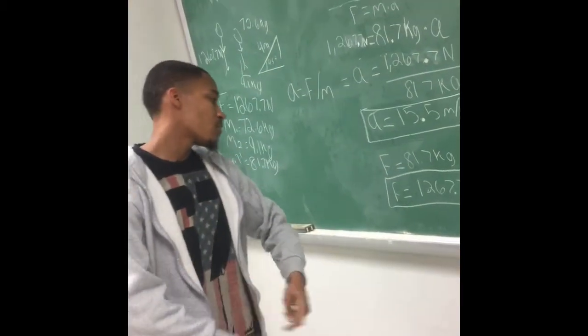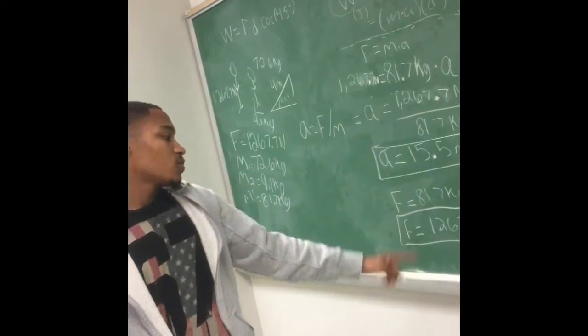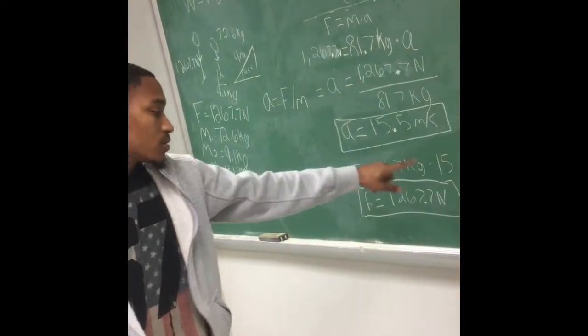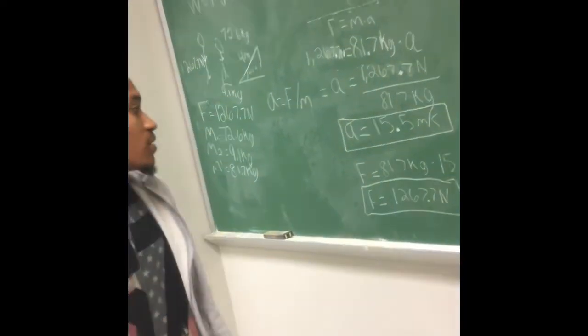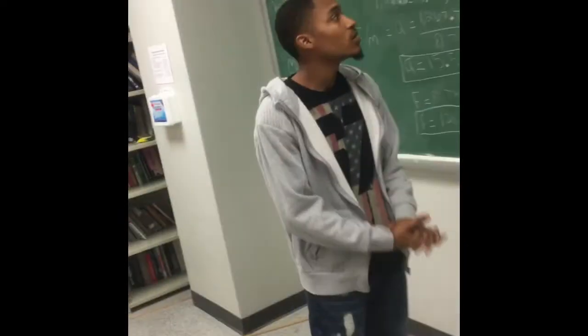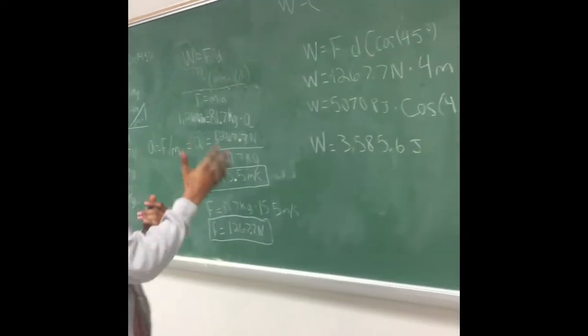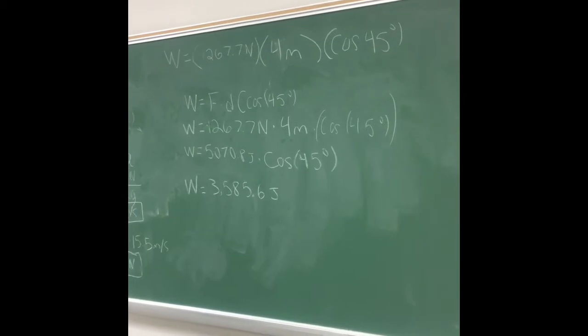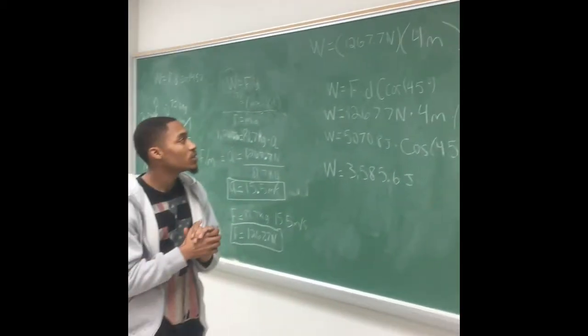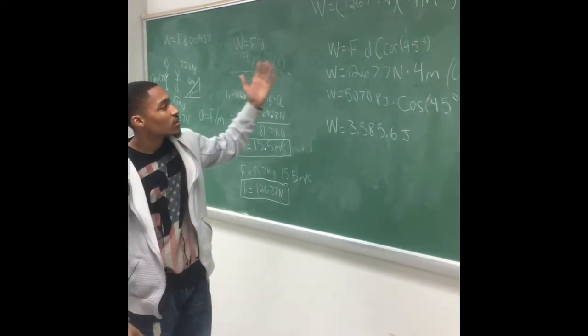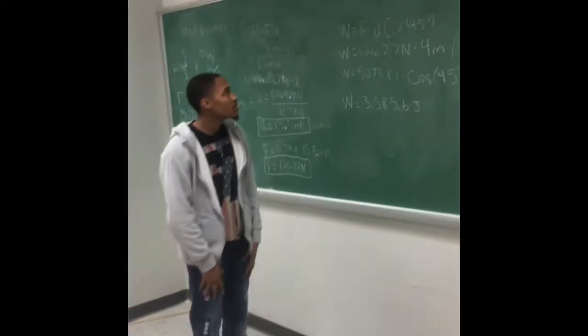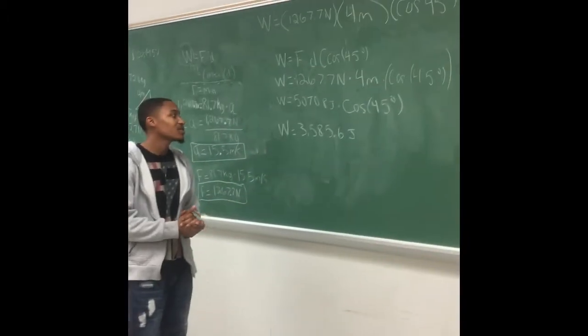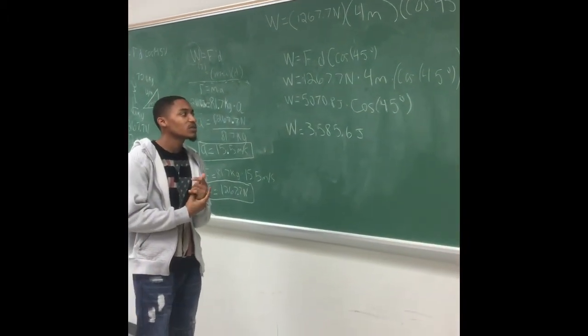Then we have our total force of 1267.7 by multiplying the 81.7 by 15.5 meters per second. And then we have our work, which equals the force times the distance. Here's our equation to get the main thing, work, which is 3,585.6 joules.